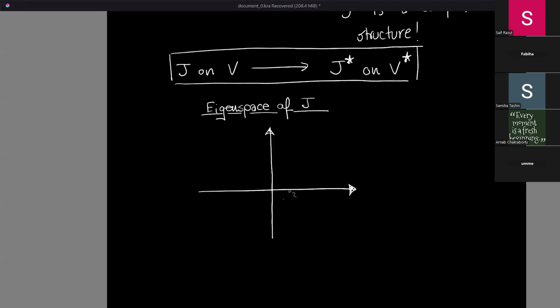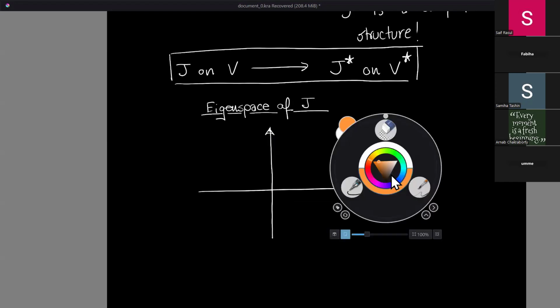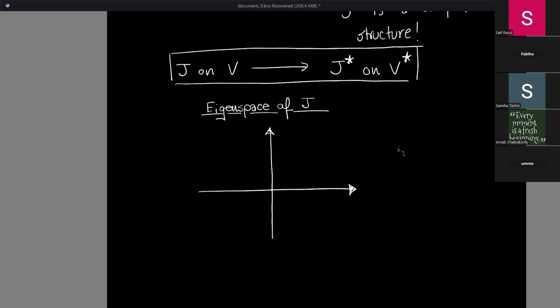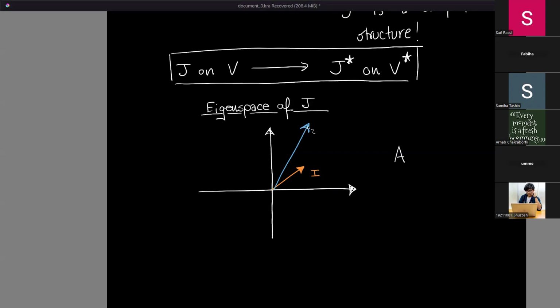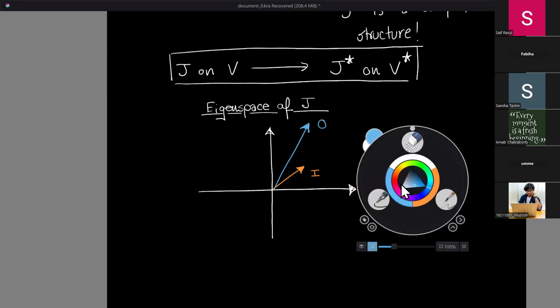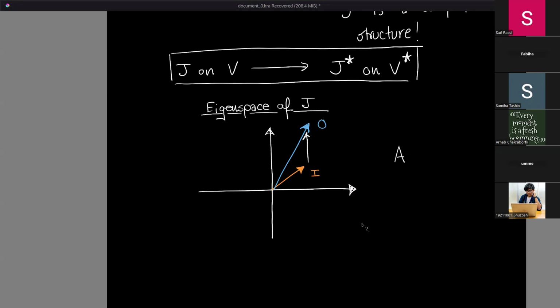If we have a linear map, in this case J, but let's just say a random linear map, the linear map takes an input vector, call it I for input, and it's going to take this vector to a different vector, call it O for output. So what A does is it transforms this vector to that vector, and it transforms every vector on this space into a different vector.